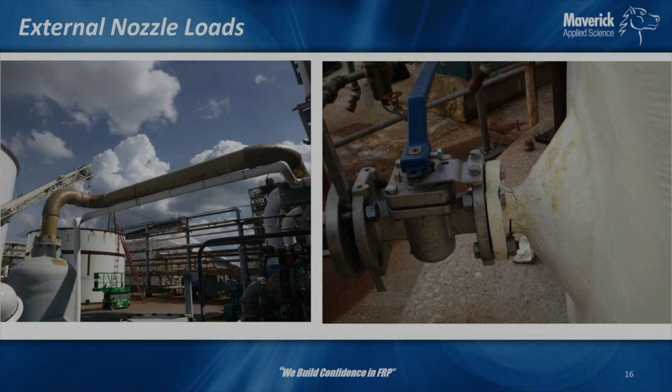Here's an example that I was kind of pointing to before, where we've got a bottom nozzle, probably something coming off the bottom of a tank, and you've got this big cast iron housing, and you can even see this is maybe line pipe, or maybe it's just steel pipe coming off this. So you've got all that basically hanging off of an FRP nozzle, and if you look at this, it's majorly cracked there.